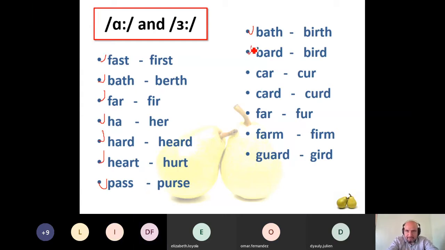Bard, bird. Car, cur. Card, curd. Far, fur. Farm, firm. Guard, gird. Guard, girl.